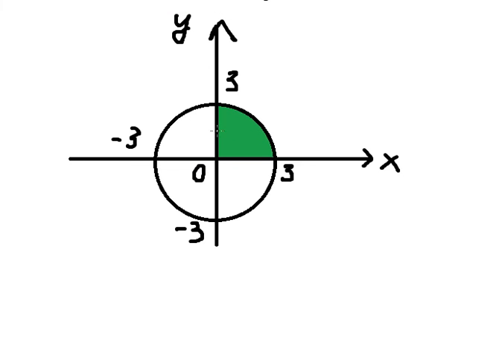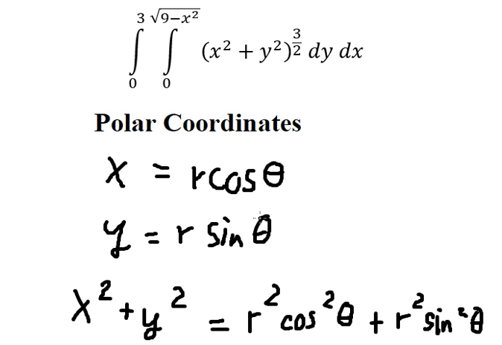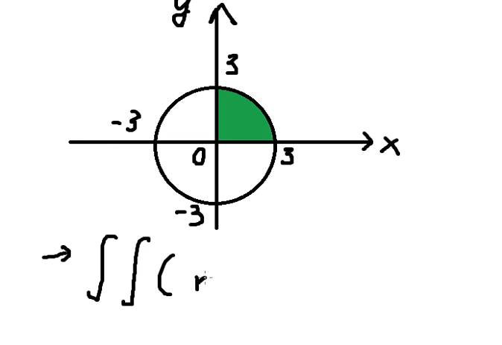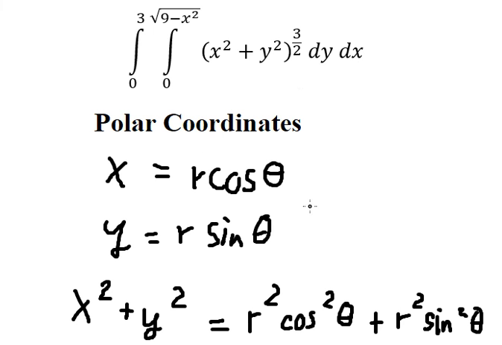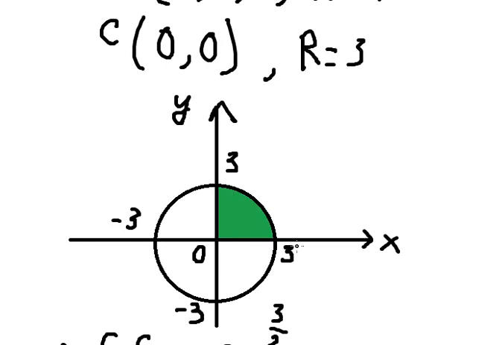And now we need to change to the new double integral. So x squared plus y squared we change to r squared in here. Dy dx we change to r dr d theta.